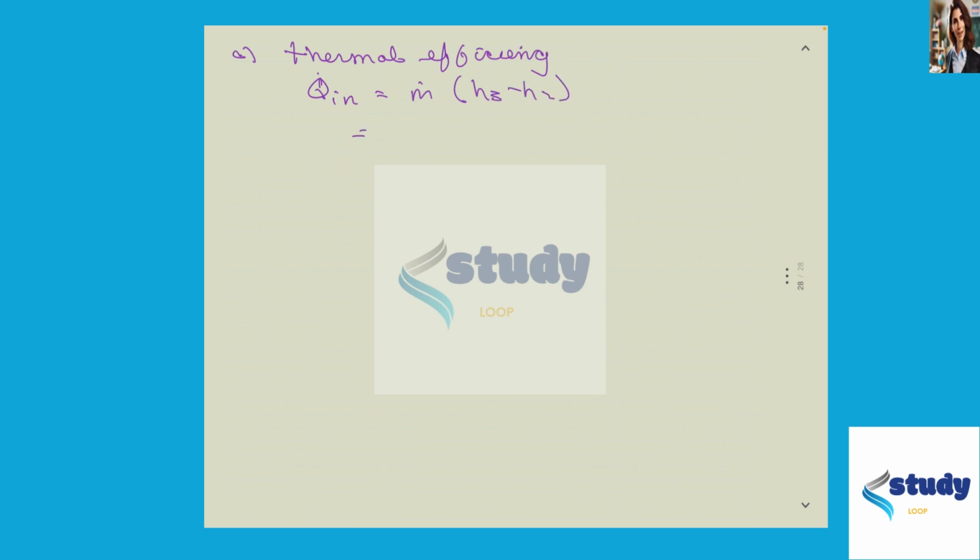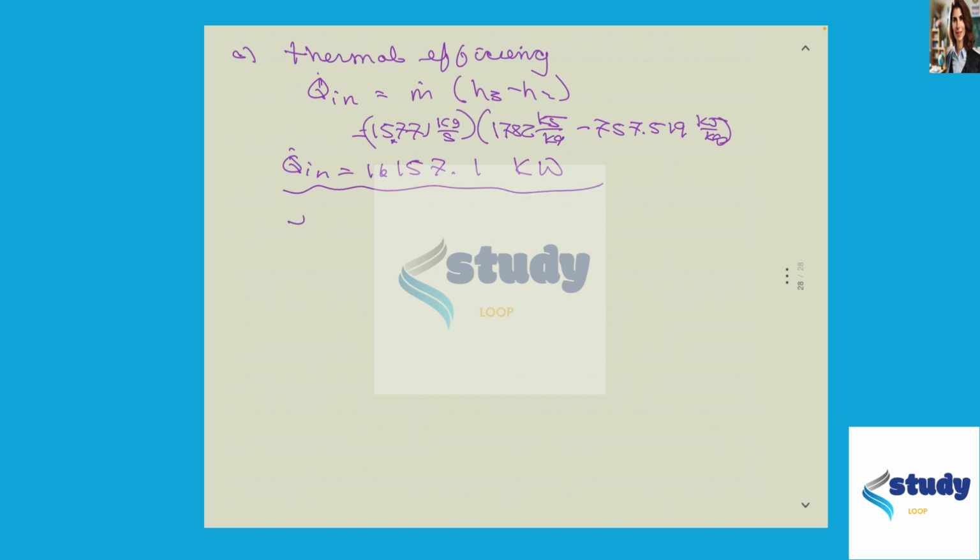So this will equal 15.771 times the enthalpy difference, and this will give me my Q in of 16157.1 kilowatts.